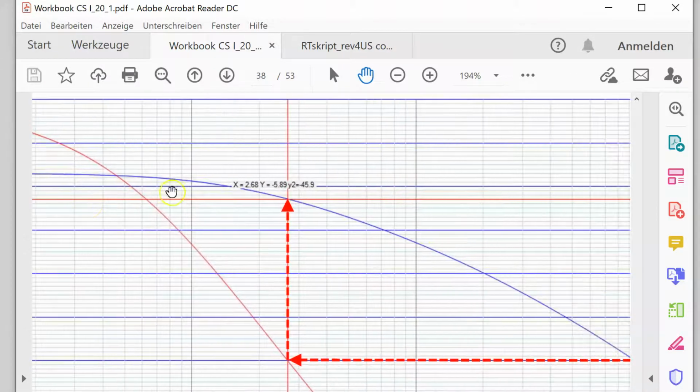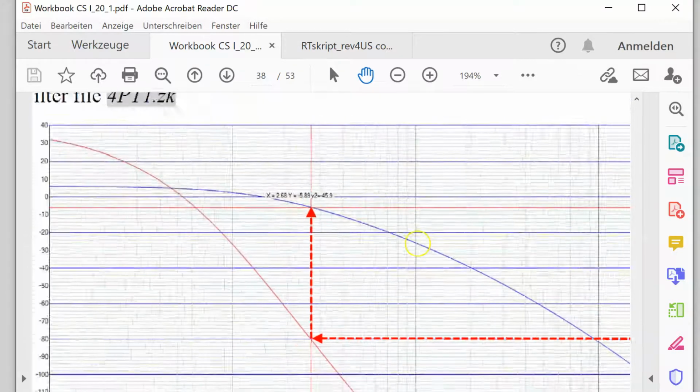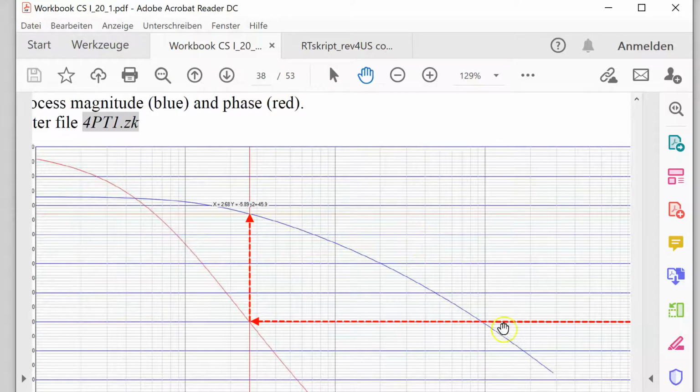And then this will become steeper and steeper, and finally, if we make this long enough, this decrease will be 4 times minus 20 dB over decade. So this becomes minus 80 dB over decade, the asymptotical gradient of the curve.